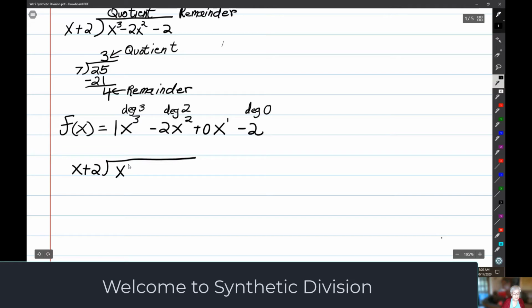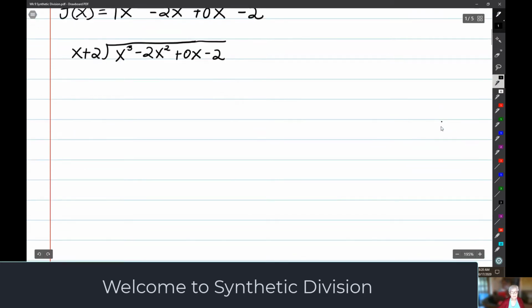I'll have x to the third minus 2x squared plus 0x, that's a placeholder, minus 2, and I have to pull this all the way out. Okay, now the way I do this is this.